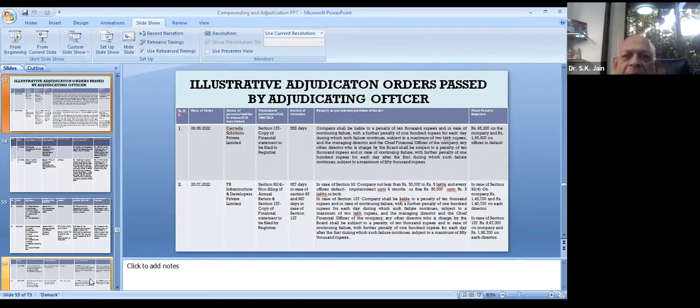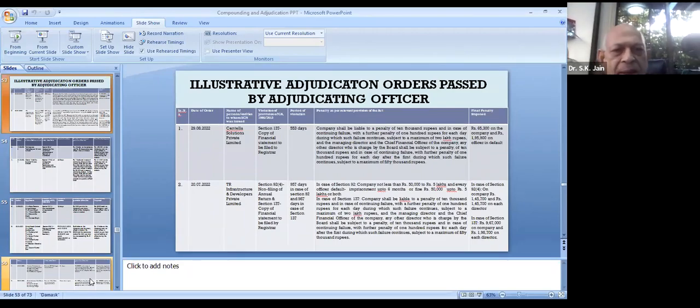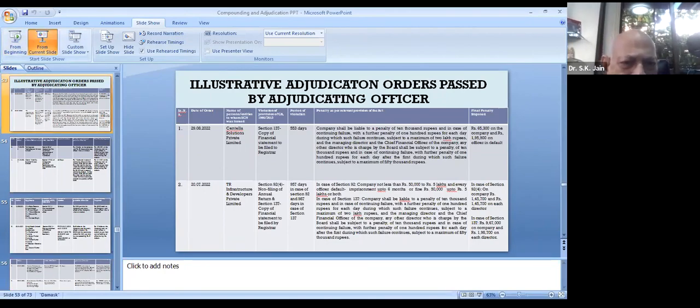Now, I have also prepared a compilation of some of the orders passed by adjudicating officers. The first order is dated 29/8/2020. It is in the case of Cantella Solutions Private Limited, and the section is 137: copy of financial statement to be filed with the registrar.